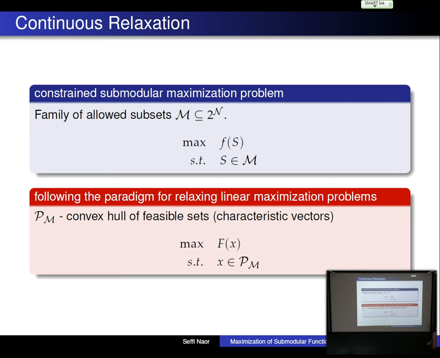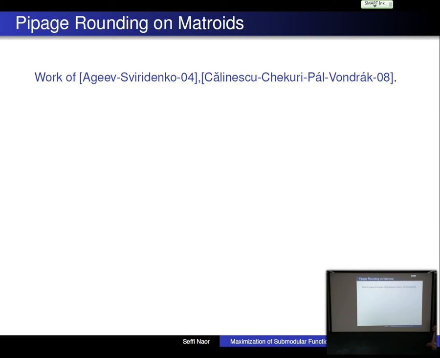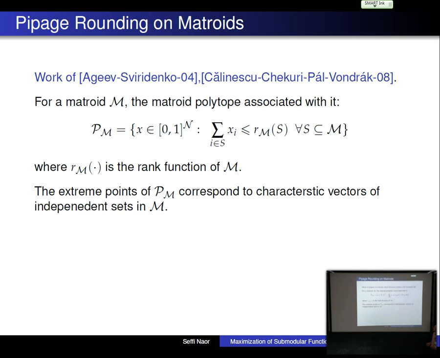First we look at the polytope which is associated with a matroid, and all the extreme points in this polytope are integral, and we replace our submodular function f by the multilinear function big F. Before showing you how to do this, let me go to the end.